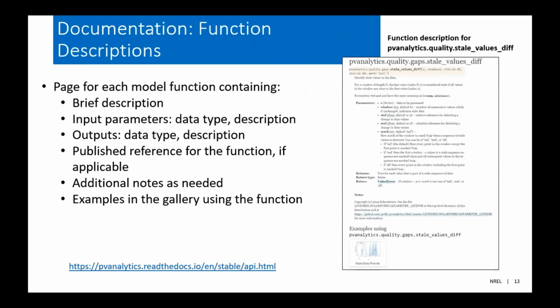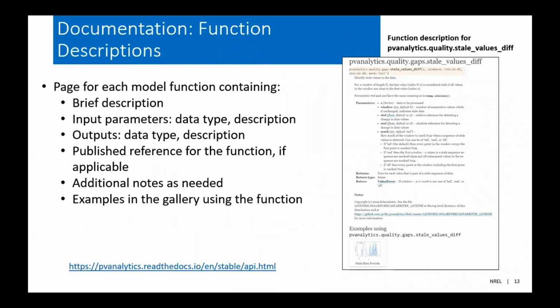Next up, a little bit on our function descriptions. We modeled a lot of how we formatted PVAnalytics off of PVlib, because PVlib's the gold standard in here. So we do have a page for each model function, which contains a brief description of the function, as well as input parameters such as the data type and the description, and output parameters with the same values, more or less.